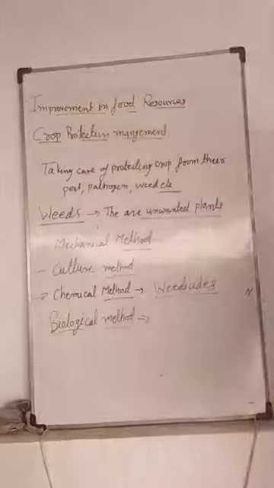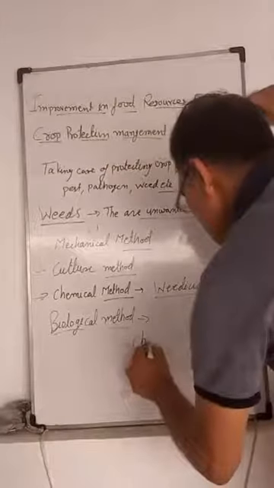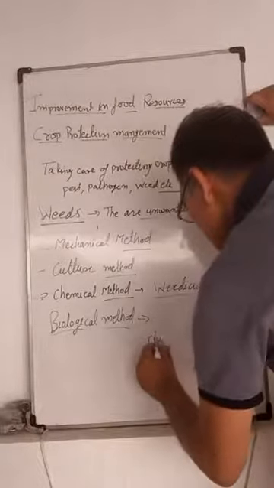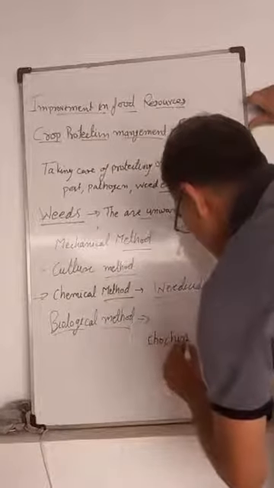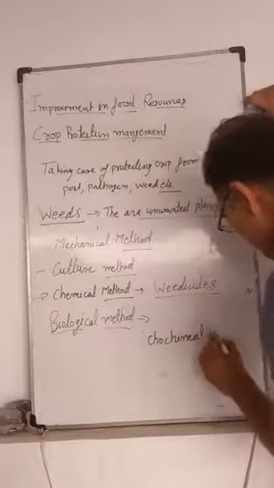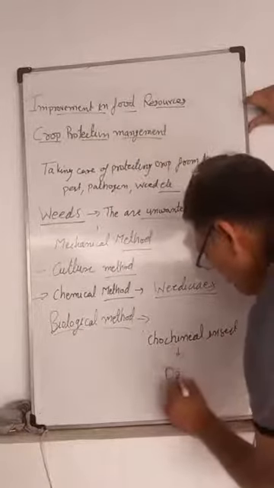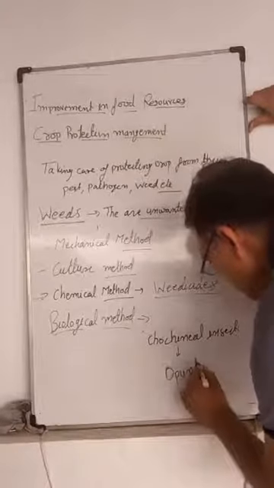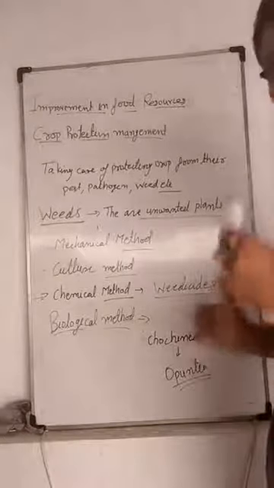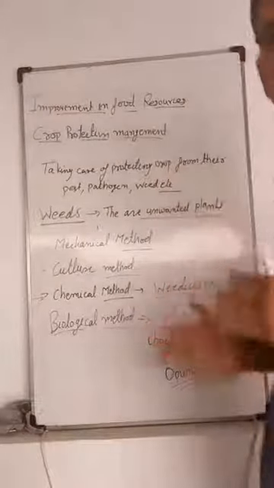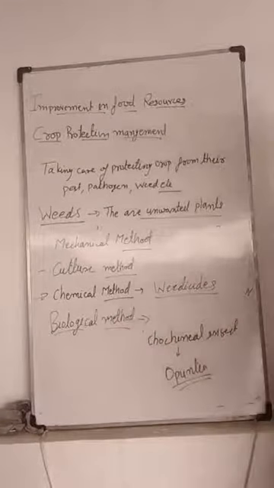For example, the cochineal insect controls the growth of Opuntia. This insect depends upon the plant, and in this way the weed is removed. So this is the biological control of weeds.